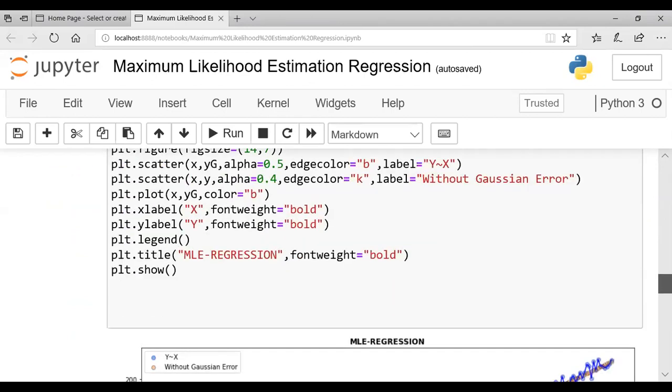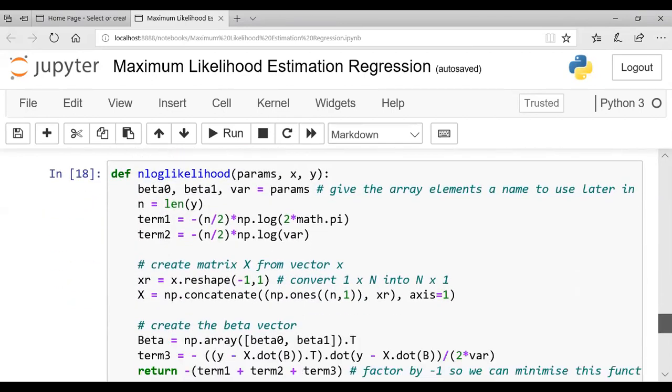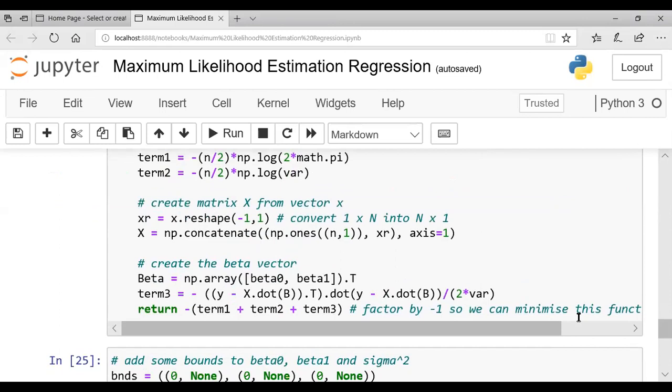So you will get the term 1 and term 2. Then XR is the reshape, -1 to 1. Reshaping means you are transposing this matrix. Then numpy concatenate means you are adding a column of 1s to create the design matrix.